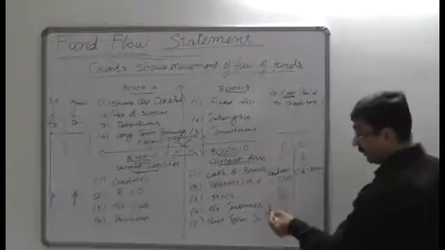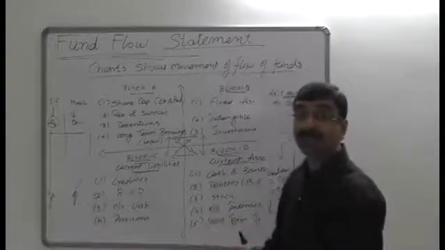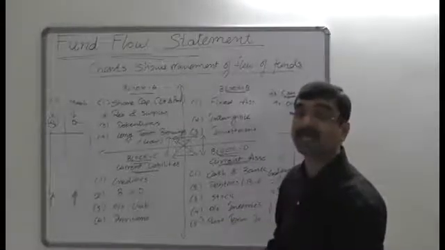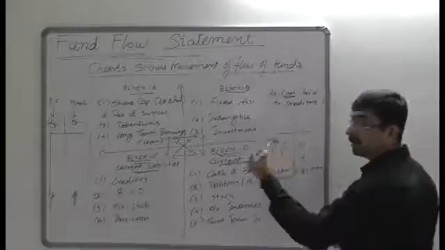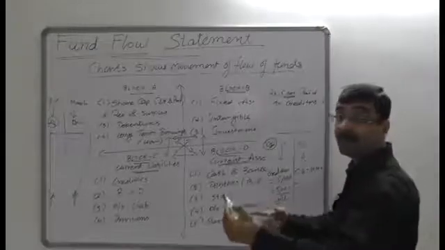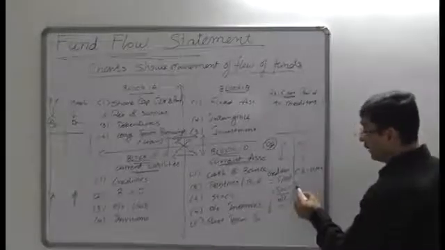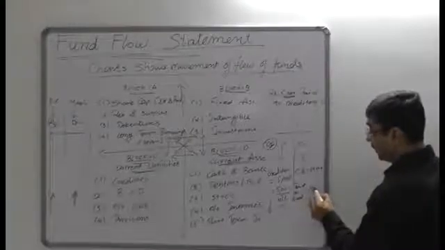That means creditors are reduced and cash is paid, so cash goes out. The transaction effect is creditors account debited to cash and bank account. Creditors show on the credit side, creditors account debit, so it's minus and it becomes zero. Cash and bank goes out, so that will also be deducted, paid to creditors minus this 5,000.